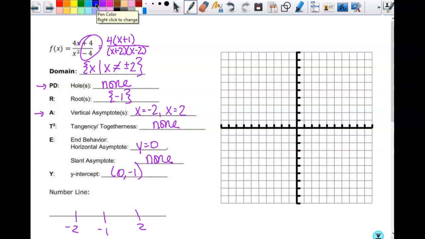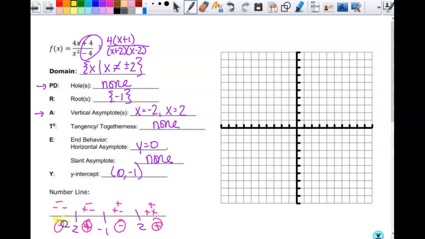Then I check things, substitute in a negative 3. Negative 3 would give me negative, negative, negative. That's negative overall. Negative 1.5 is going to give me negative, positive, negative, positive overall. Positive. There we go. Then 0 would give me positive, positive, negative. 3 would give me positive, positive, positive.